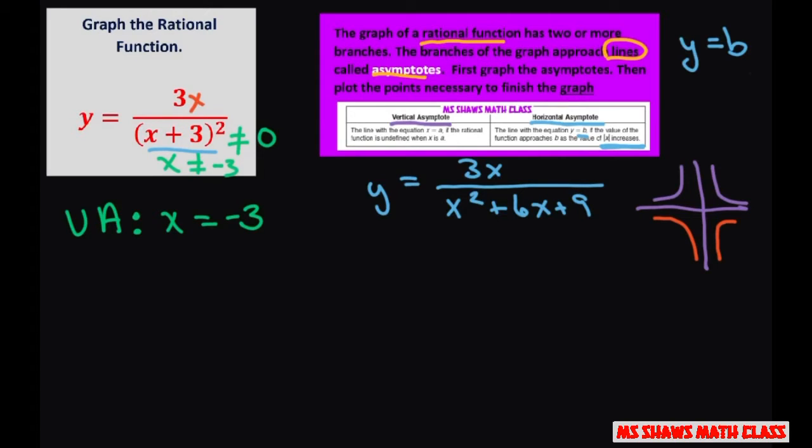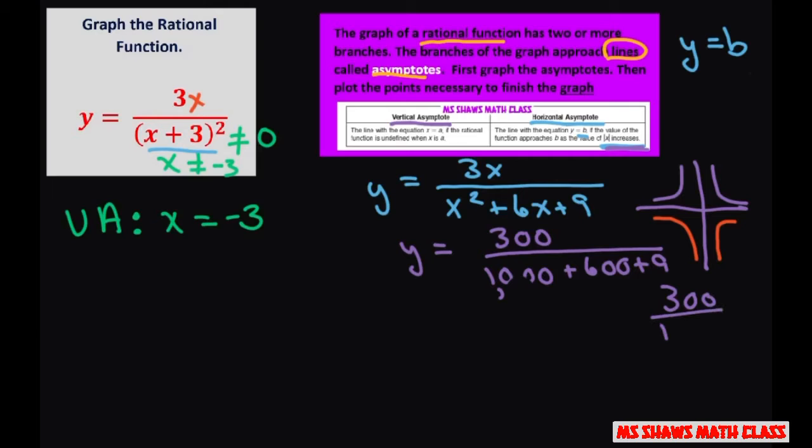Now, if I put in a fairly large number here, say 100, you get 300 in the numerator, and 100 squared is 10,000. Let's change that: 10,000 plus 600 plus 9. So 300 divided by 10,609.